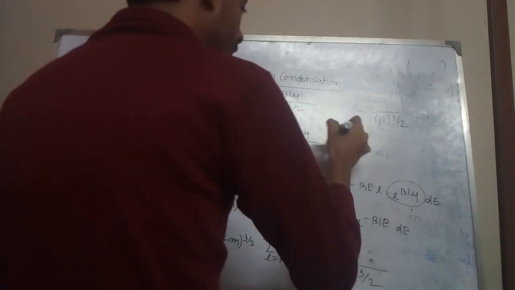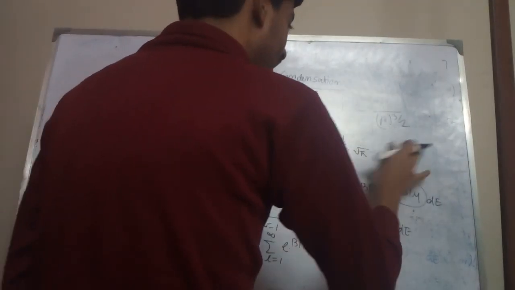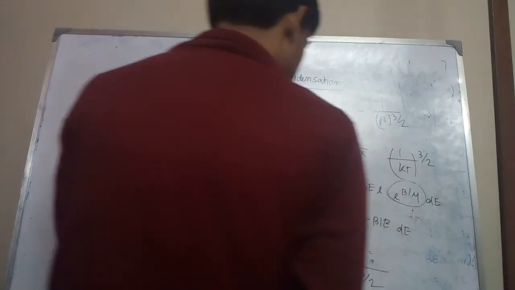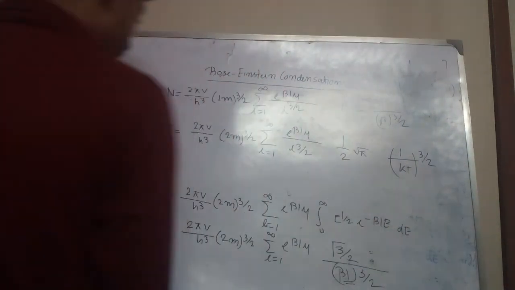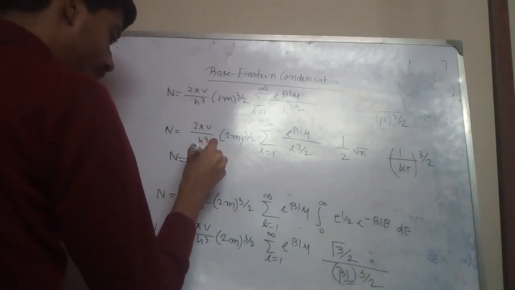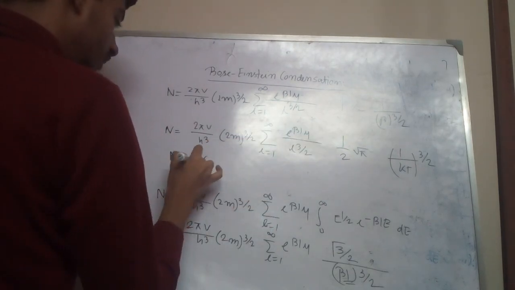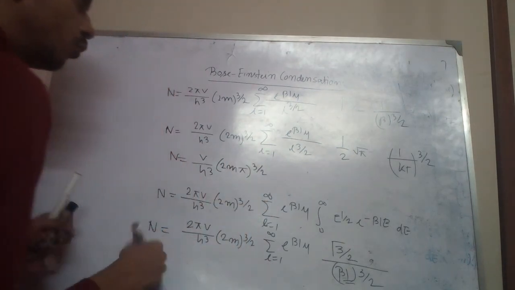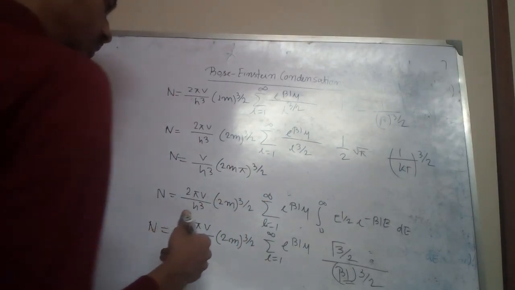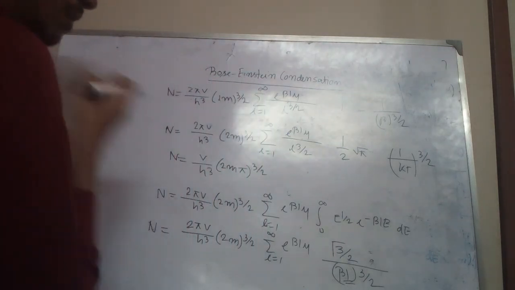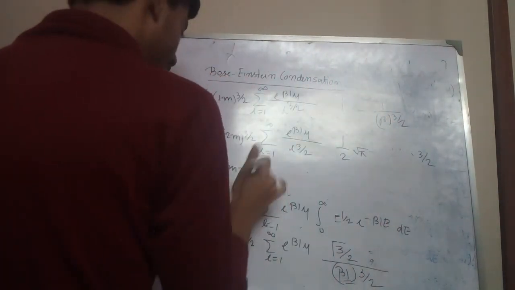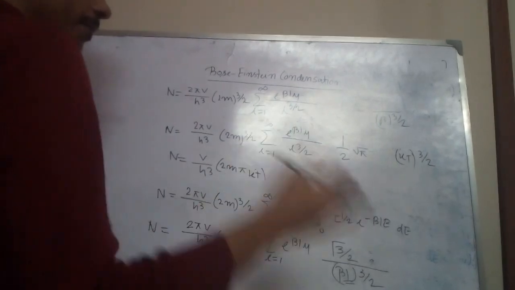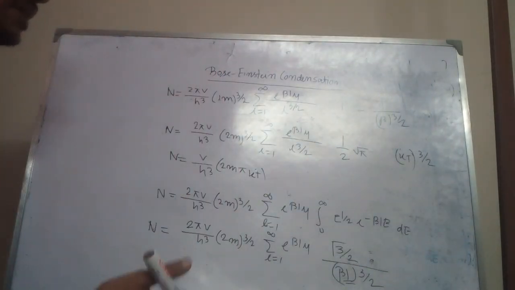Gamma 3 by 2 means half root pi, and beta is 1 by kT, whole to the power 3 by 2. So the number of particles N: the 2 and 2 cancel out, so V by h cubed (2m pi) whole to the power 3 by 2, and 1 by beta, beta is 1 by kT, so 1 by beta is kT.